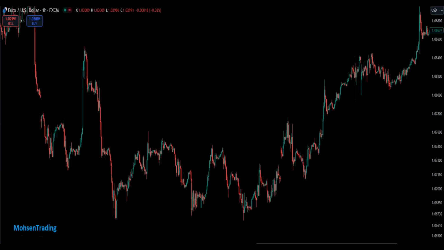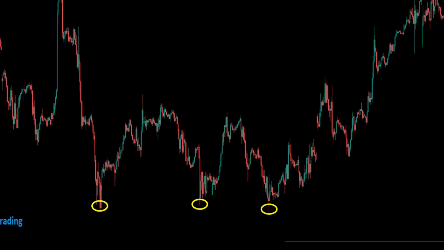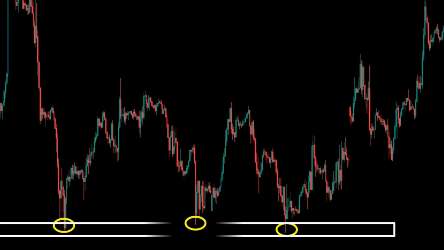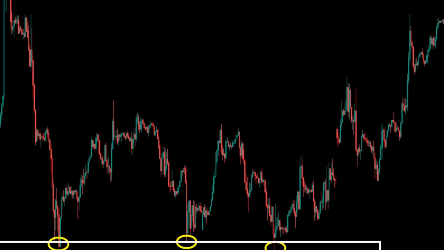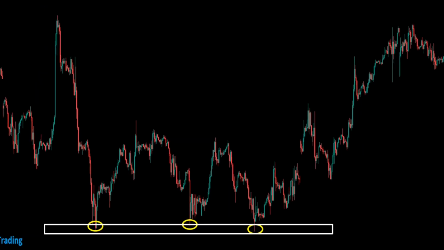In this chart, for the EUR/USD pair in a 1-hour time frame, we can see that the price has touched a specific level 3 times and then reversed. This indicates that this level acts as a support level.